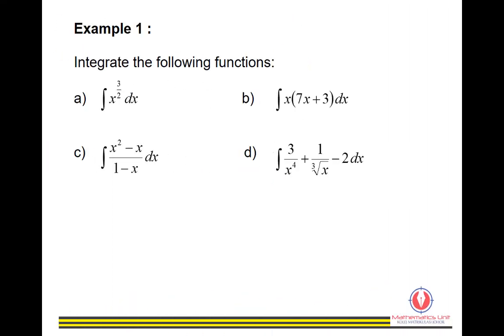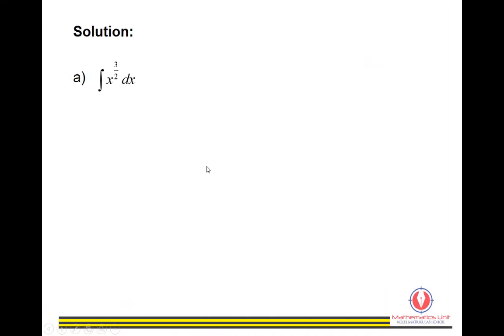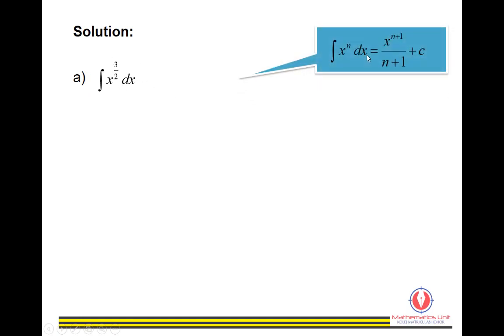Let us see some examples. Okay, we have the integral of x to the power of 3 over 2. To integrate x to the power of 3 over 2 dx, we can use the power rule of integration.